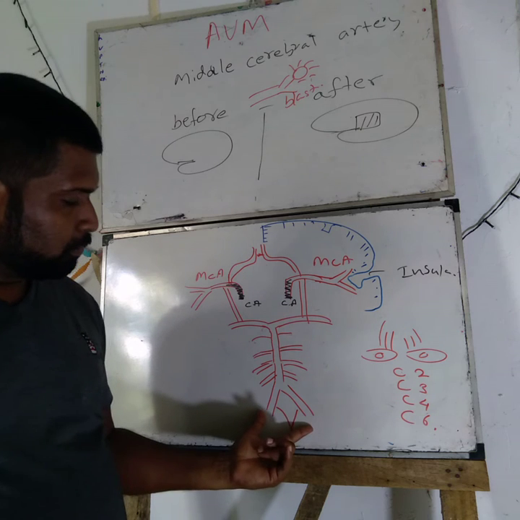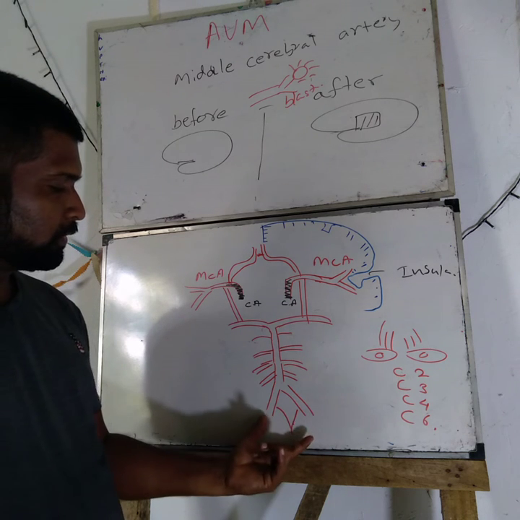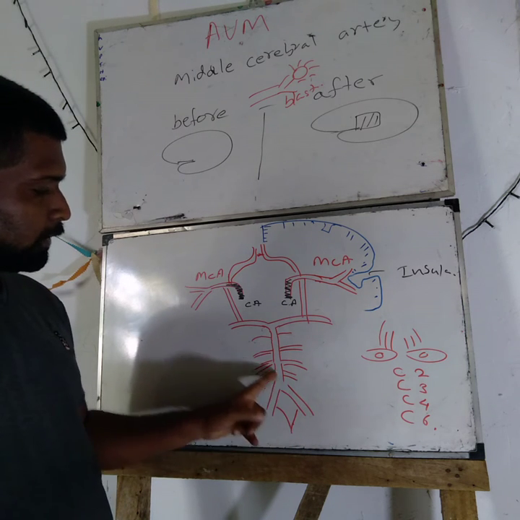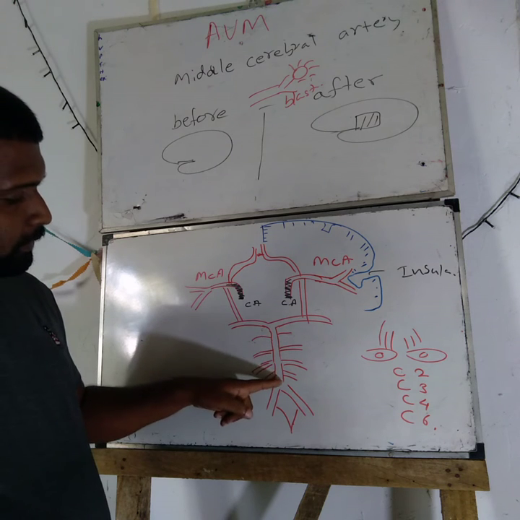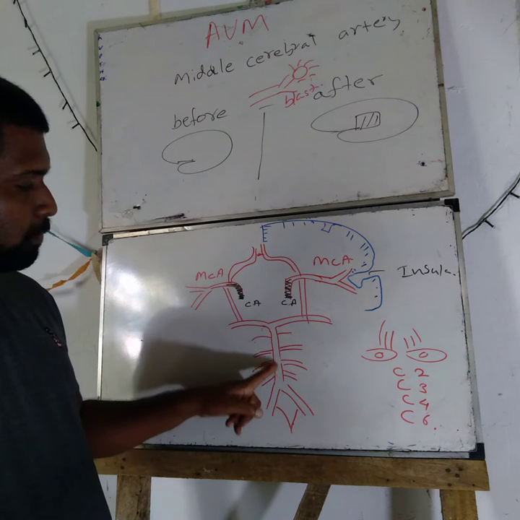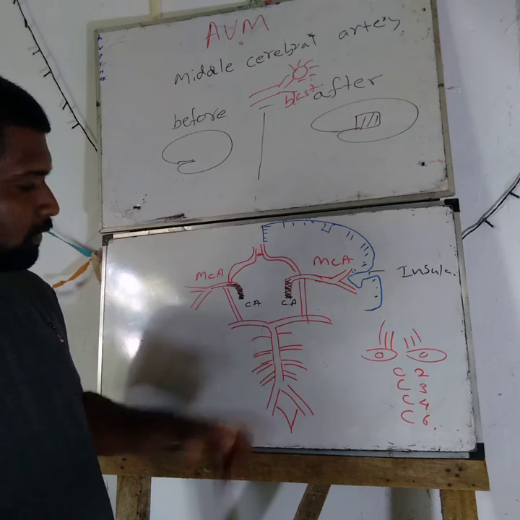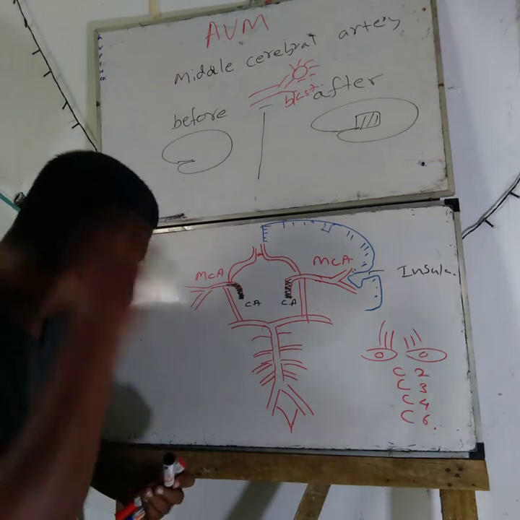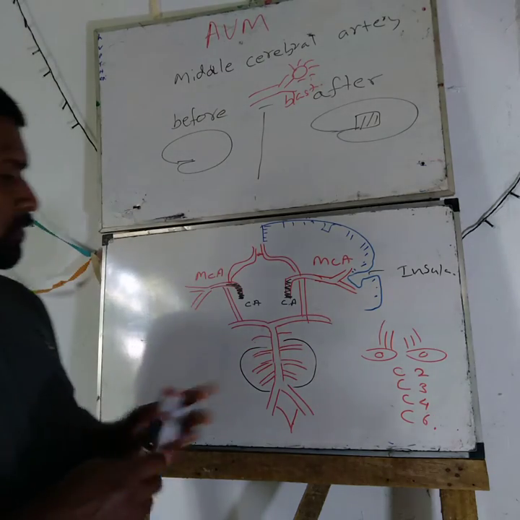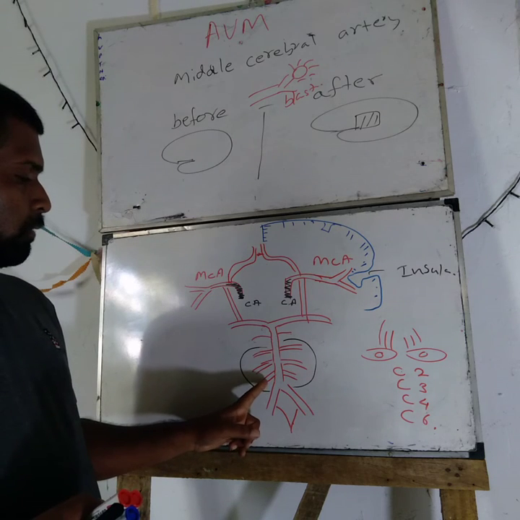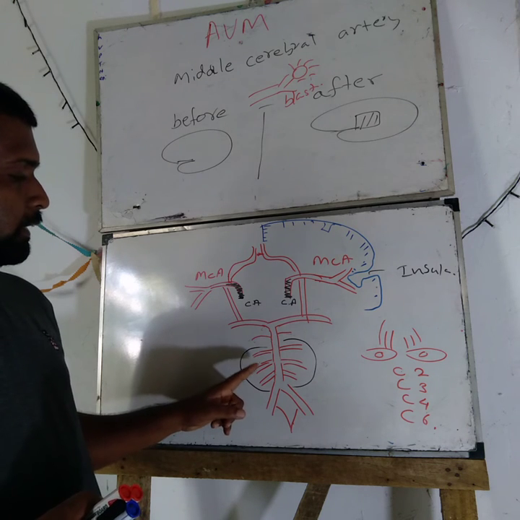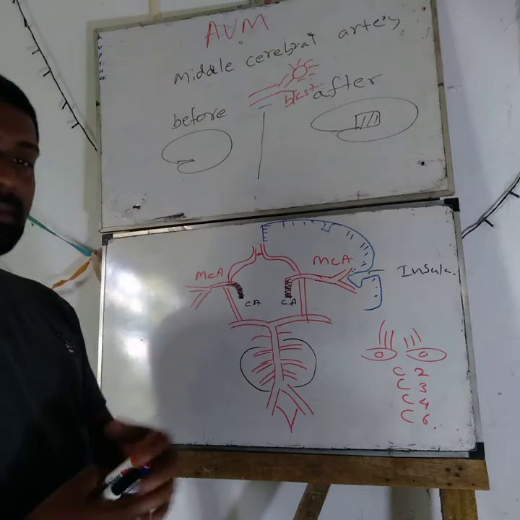This is the posterior side circulation. We know the vertebral arteries, both connect to the basilar artery, and downward goes the spinal artery. The vertebral artery connects to the basilar artery. The basilar artery gives the main posterior organ, the cerebellum, supply: PICA, the posterior inferior cerebellar artery, the anterior inferior cerebellar artery, and the superior cerebellar artery.